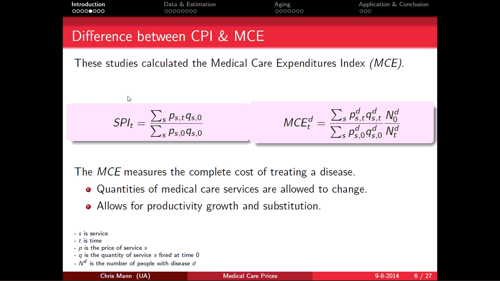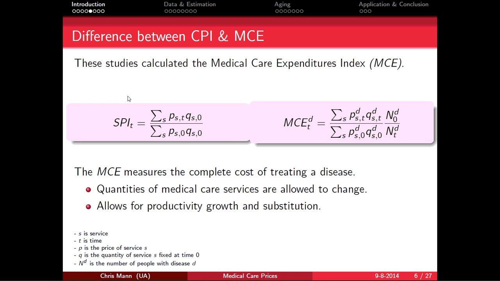So if in, say, 2000, the average medical consumer spent 3 nights at the hospital, then Q would be fixed at 3 for the entire period, and they would just see, well, what's the cost of staying a night at the hospital, right? Now, the MCE on the right, though, is a disease-based index.